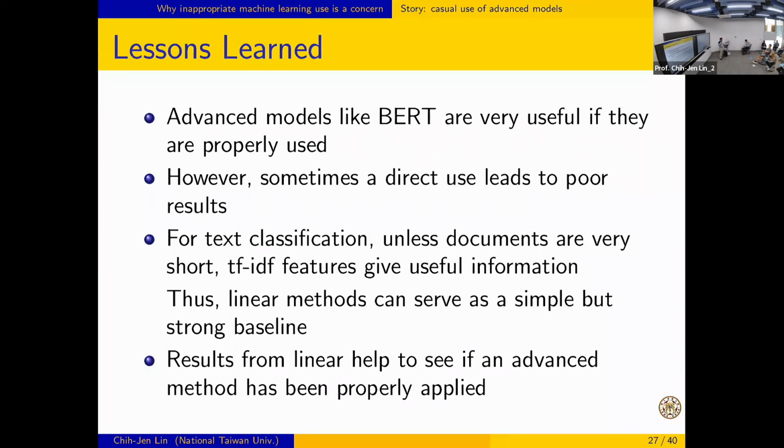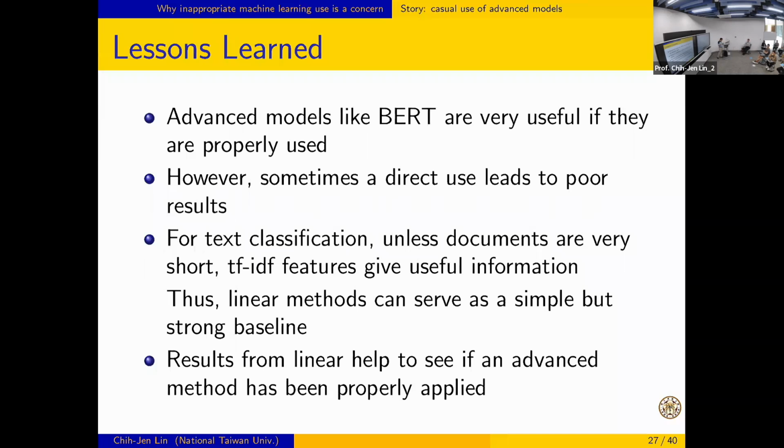Actually, we already see a possible solution. We should have a strong baseline to help us check the situation. We can see that for document classification, unless documents are very short, if they are long enough, then your sequence of words already provides enough information.